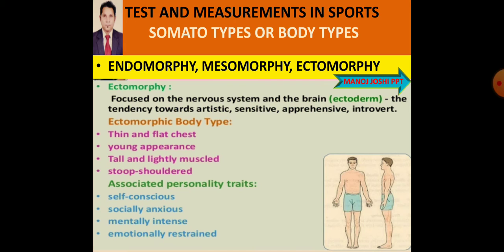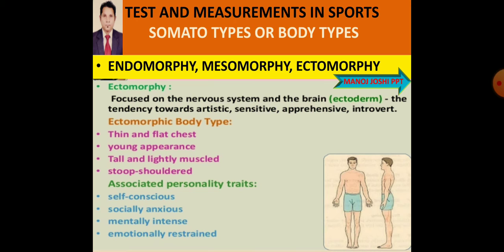So that's why they are introvert, that's why they are socially anxious. So self-conscious, mentally intense and emotionally restrained. They always try to hide their emotions. So this is all about the ectomorph.